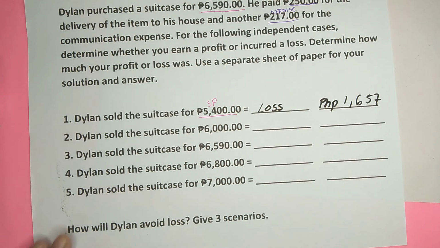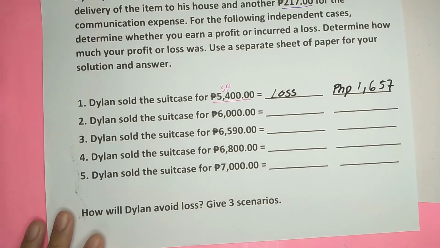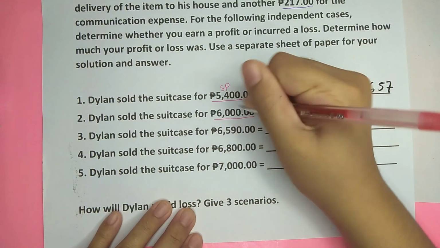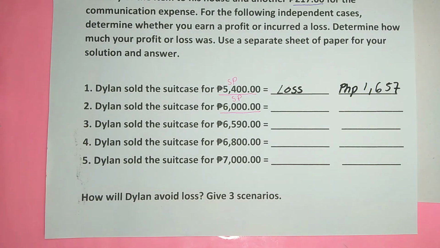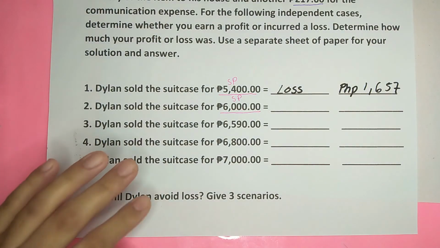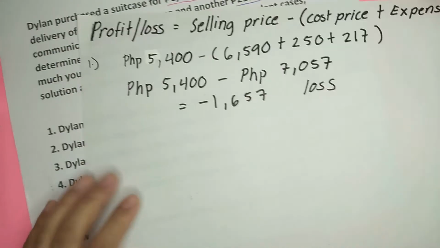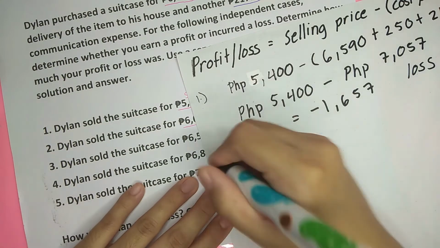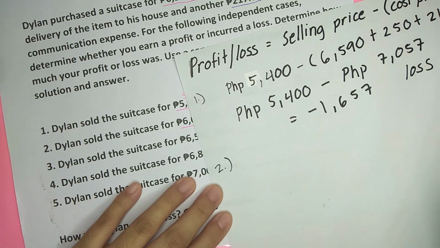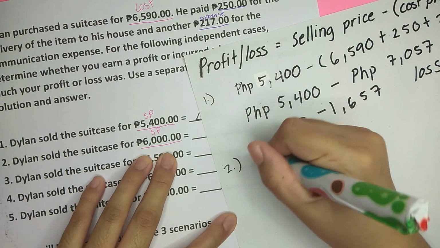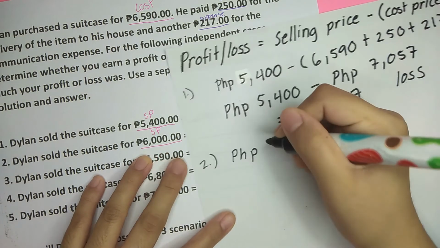Okay. For number 2, Dylan sold the suitcase for 6,000 pesos. So, ito ulit yung ating selling price. So, same lang din nun. 6,000 pesos. Ito ang ating selling price.